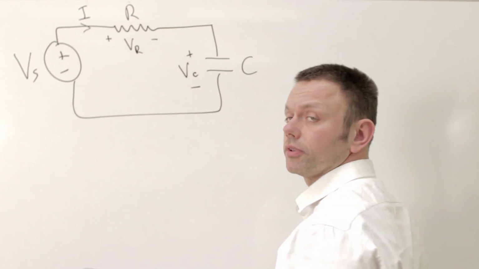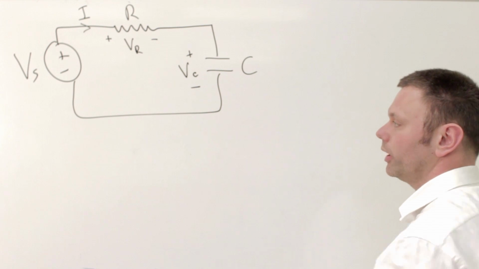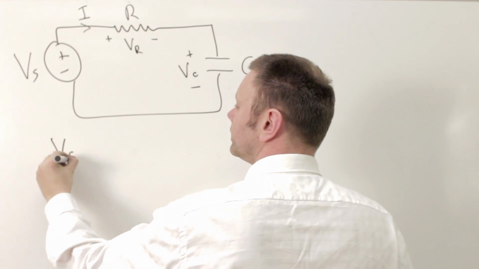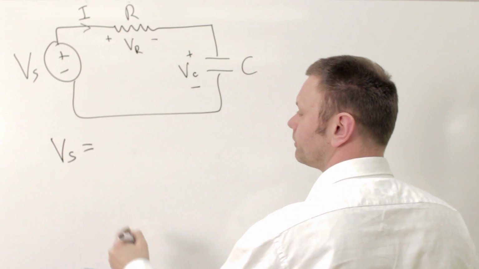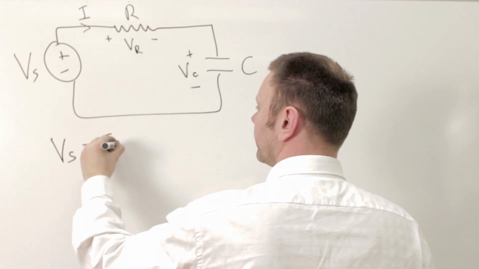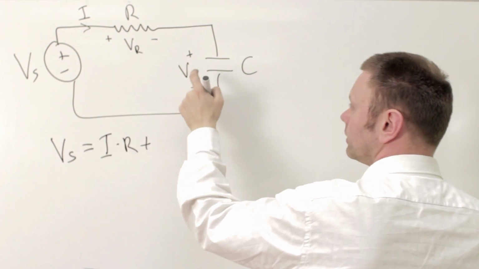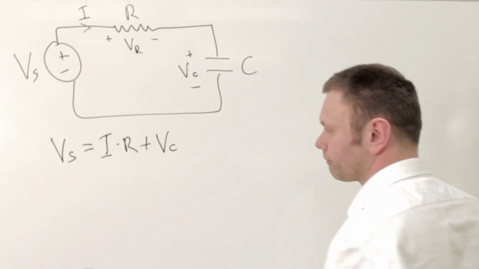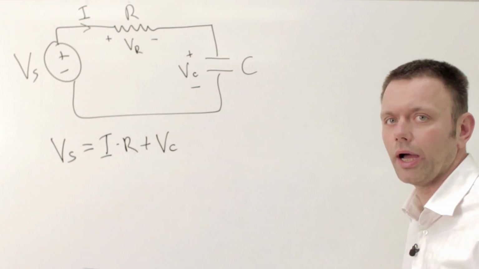So we're going to apply Kirchhoff's voltage law to derive the equation, and the equation is Vs equals I times R plus Vc. Okay, what do we do now?